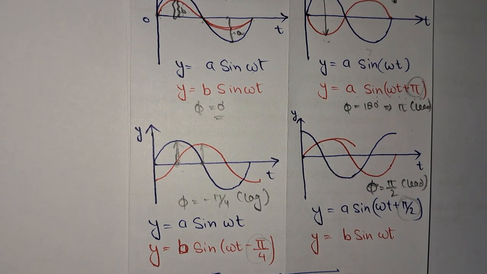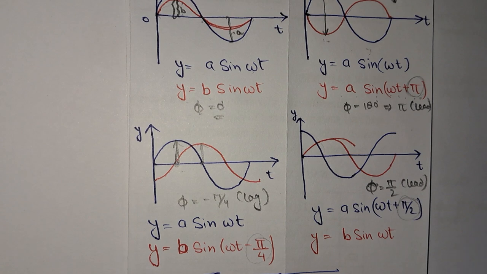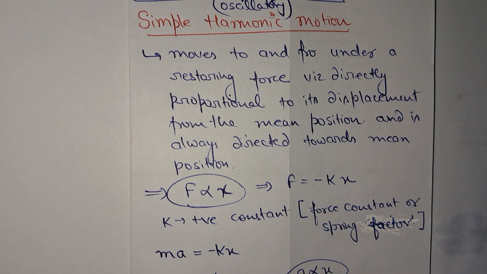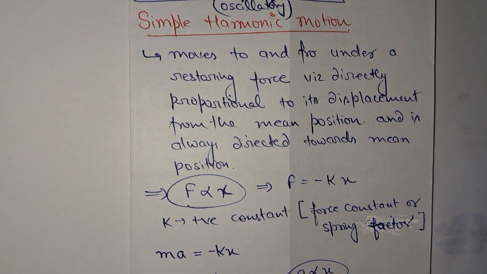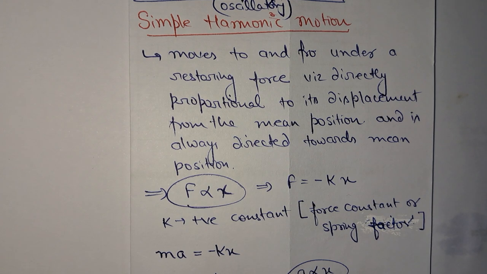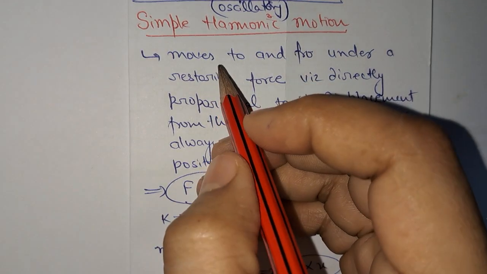Now let us move on to the other concept, that is simple harmonic motion. So what is simple harmonic motion? See, simple harmonic motion can be treated as a simple oscillatory motion. What does it say?